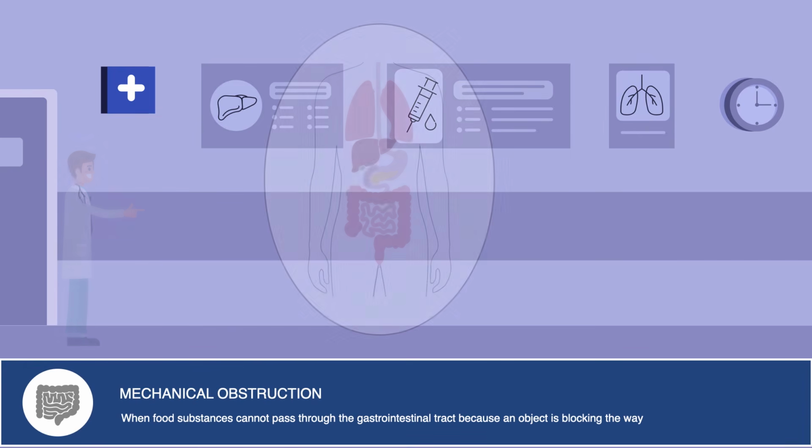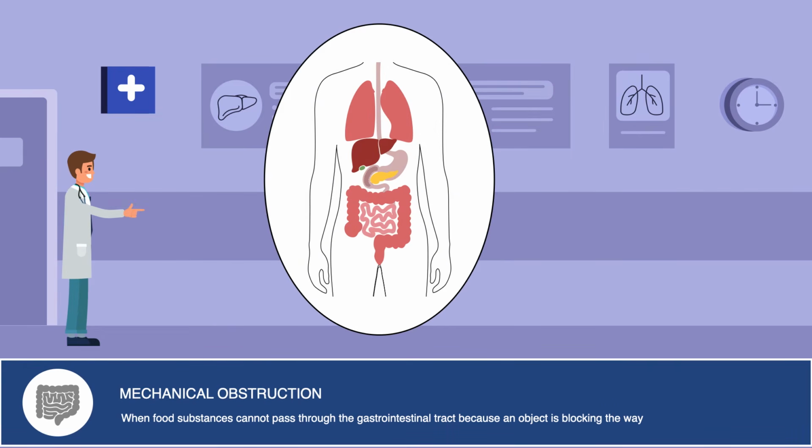The first contraindication we are going to take a closer look at is mechanical obstruction. This is when food substances cannot pass through the gastrointestinal tract because an object is blocking the way. Mechanical obstructions can occur in the esophagus, stomach, small intestine, or large intestine.